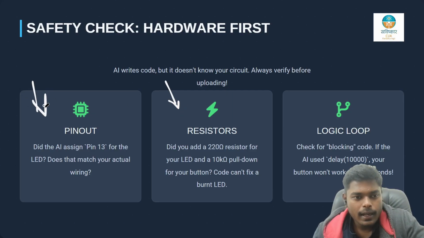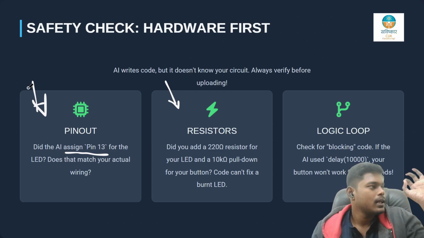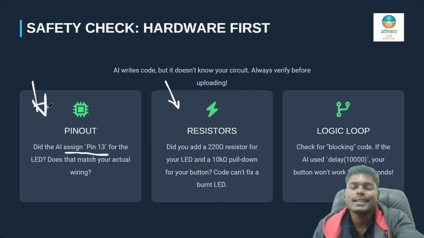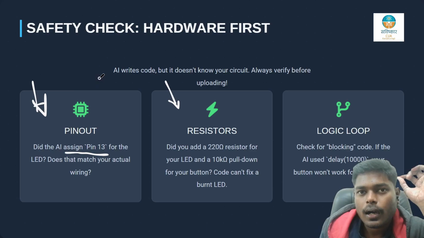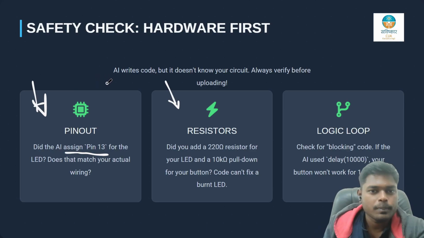And the pins, you have to assign the pins. So don't let the AI assign the pins. You should always assign the pins, like this pin number will be for this particular output pin or input pin.